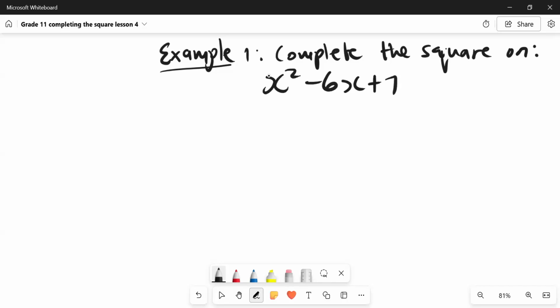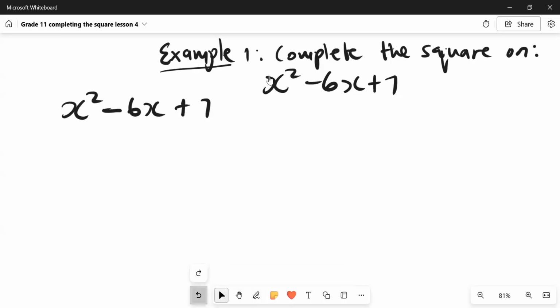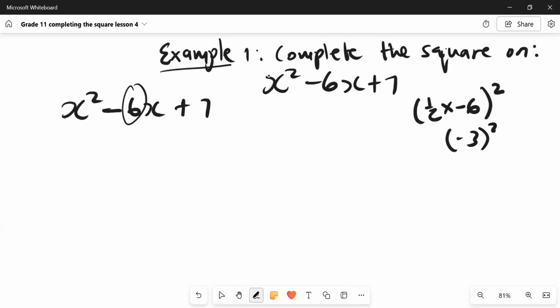So the first thing that you have to do here, you have your x squared minus 6x, and then you write your 7 outside. You take this value here, which is minus 6, you multiply it by half according to the steps. So that's half times negative 6, and then you square. This will give us minus 3 squared.